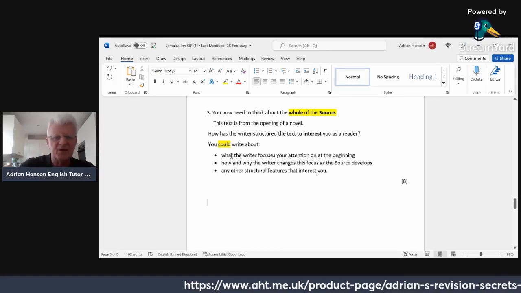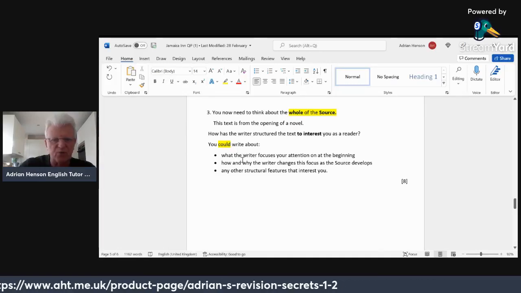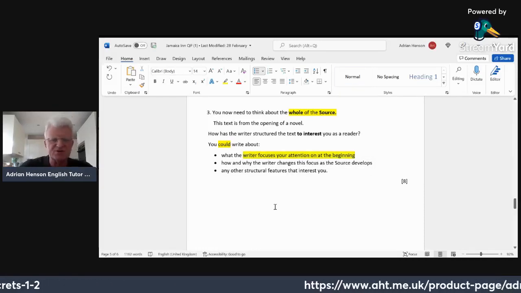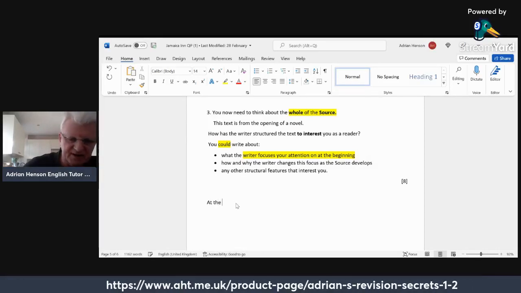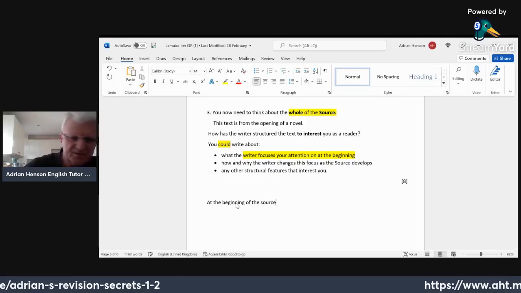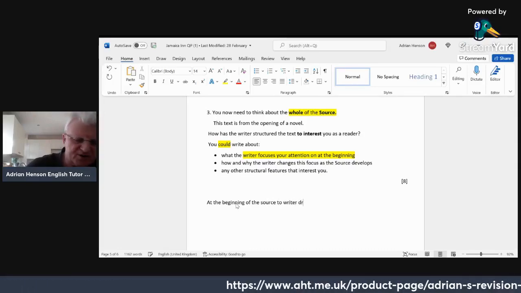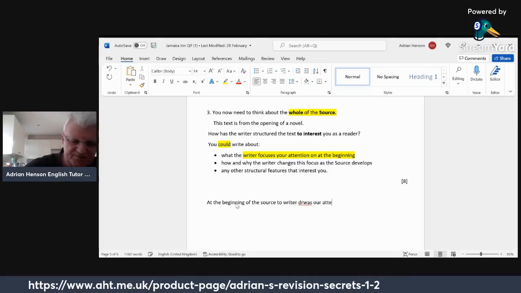It says it here, what the writer focuses. When it says you could write about what the writer focuses your attention on at the beginning. So, you know, there's straight away. So I would start this. I'd say, at the beginning of the source, the writer, and I'll pick some sort of thing, draws our attention.